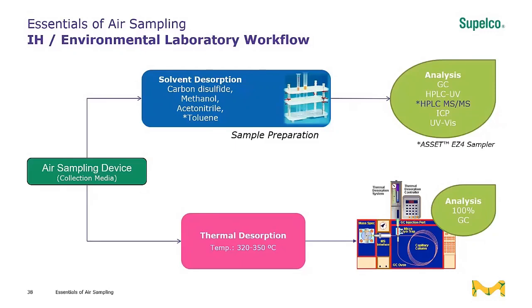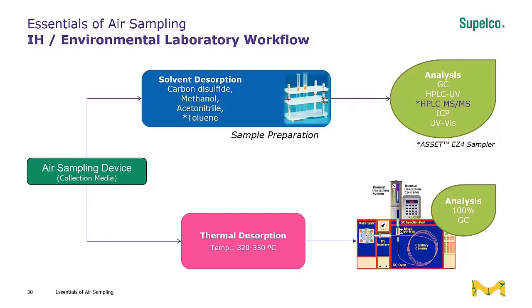Anything desorbed with acetonitrile is analyzed by HPLC UV. And toluene is used in the sample preparation of the ASSET samplers, and that is analyzed by HPLC MS/MS. And other devices fall in the range of ICP, ion chromatography, and spectroscopy.